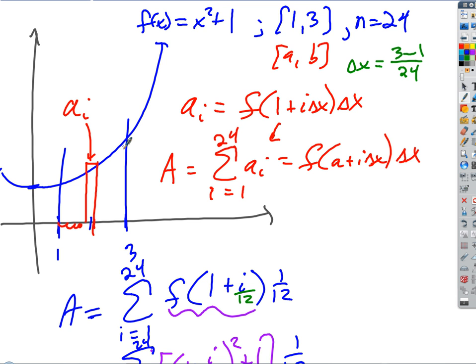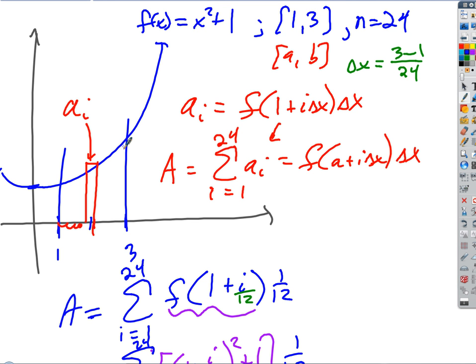We're going to cut this region up into 24 pretty small rectangles, and we wanted to come up with a formula, using sigma notation, that's going to give us that approximation.